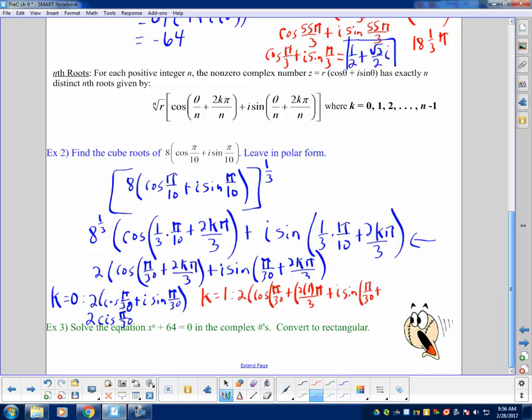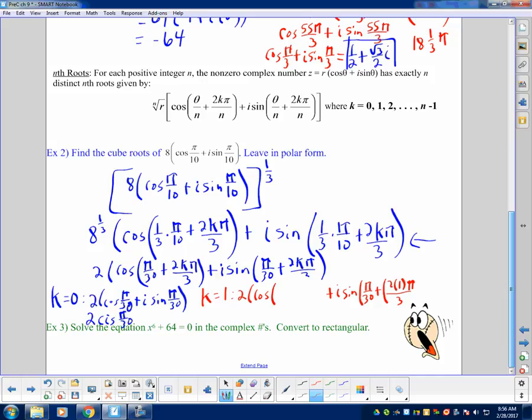Plus i sine of the same thing. So 2 pi, 2 times 1, pi over 3. Let's try it one more time here.